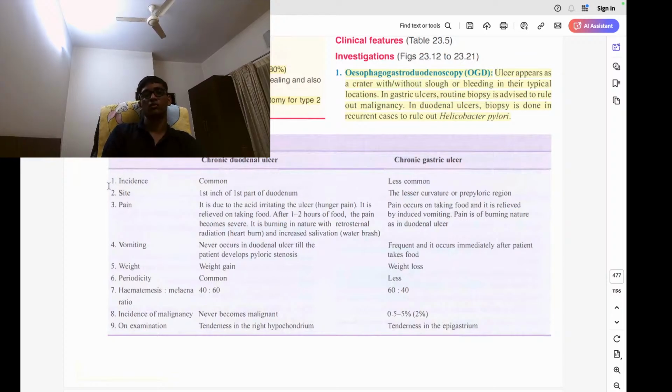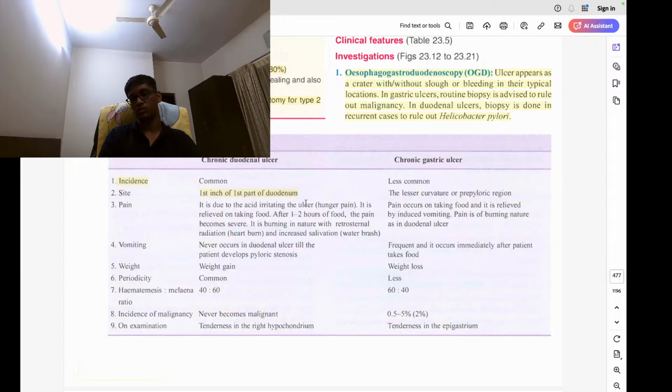So the thing which you have to know is incidence. The site is mostly duodenum and gastric. This is duodenum, this is gastric, right? First inch of duodenum, first part of duodenum, lesser curvature. Pain: lower abdominal pain, upper abdominal pain.